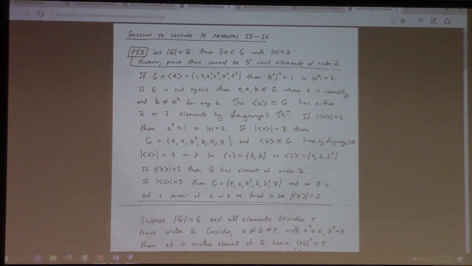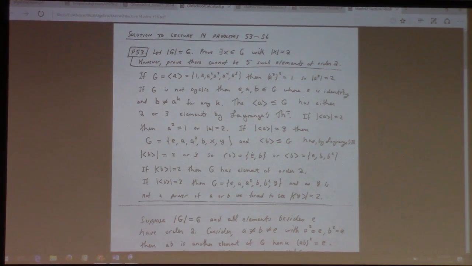If it's not cyclic, then I think maybe the thing that I should say more clearly is every element has to divide the order of the group. The only possible orders are 1, 2, and 3. Since it's not cyclic, there is no element of order 6. And there's only one element of order 1. So really the question is how the elements of order 2 and 3 are intertwined.